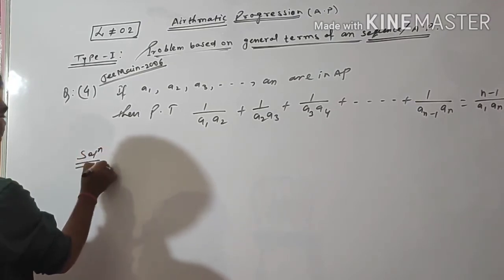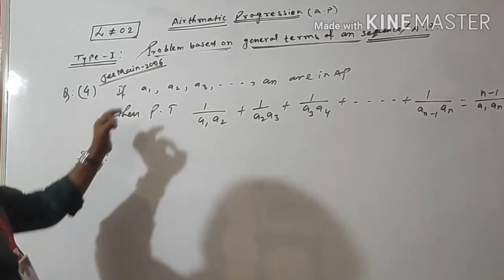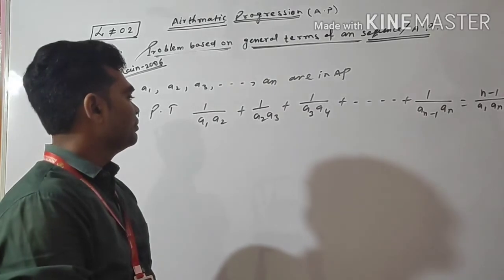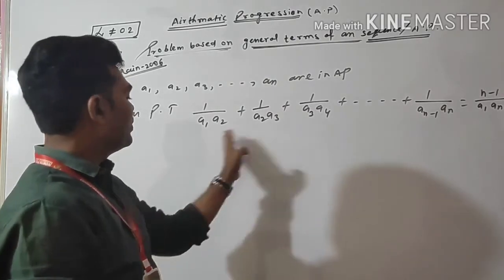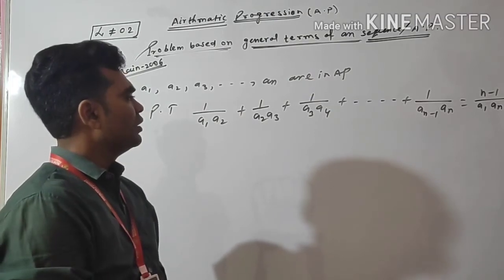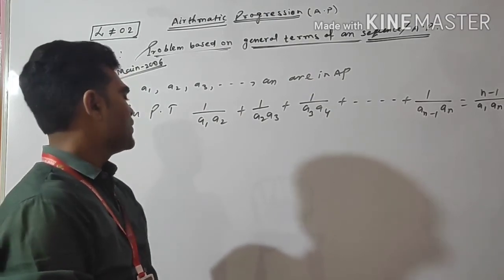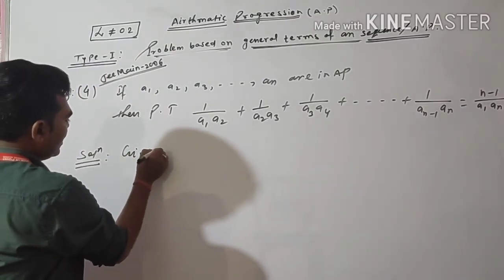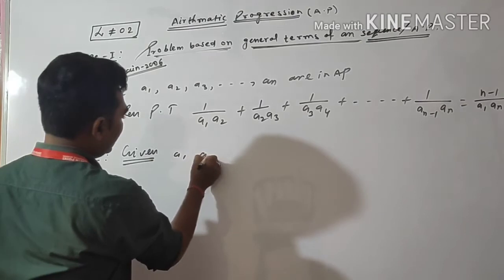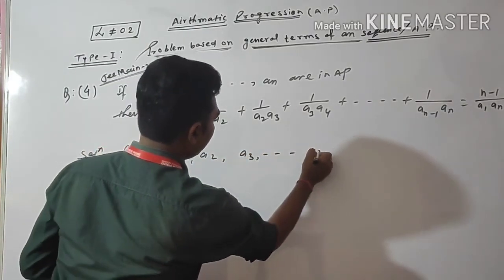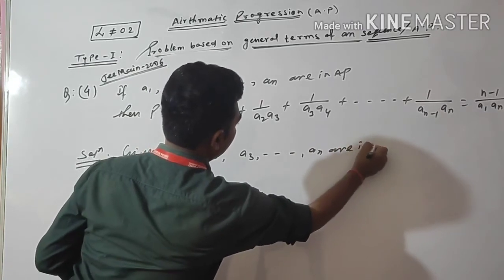Solution. Here given A1, A2, A3 up to An are in AP, and prove that this equals this. First we write A1, A2, A3 up to An are in AP.